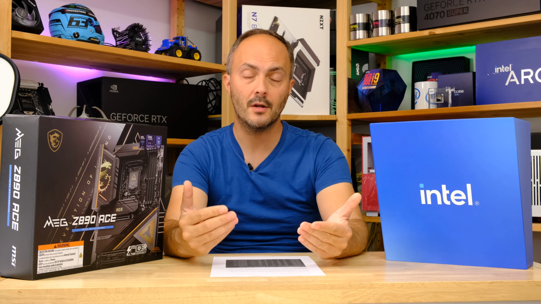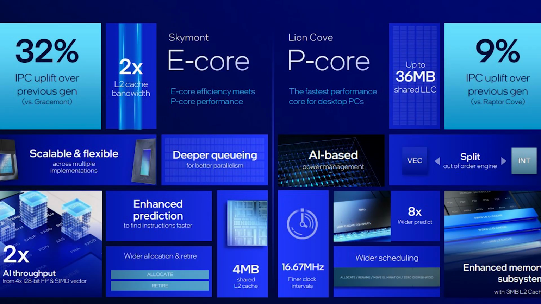So we've got twice the L2 cache bandwidth with the new Skymont E-cores in this processor, and the actual number of E-cores hasn't changed like it has on other platforms over the last few generations. So that stays the same as the 14th gen models. We are looking at about a 13% performance increase in general compute performance, but we are looking at a 32% uplift in performance on the E-cores compared to the 14th gen models.